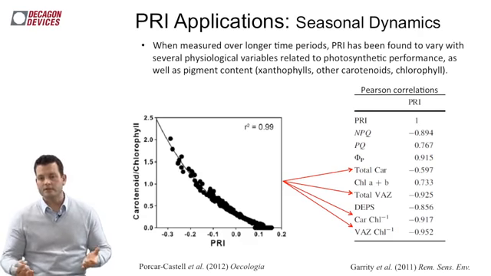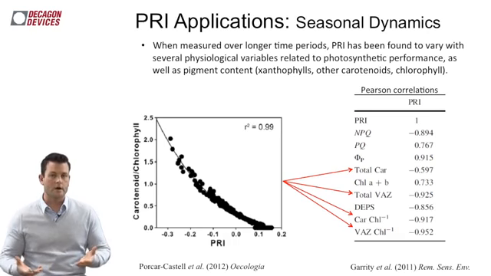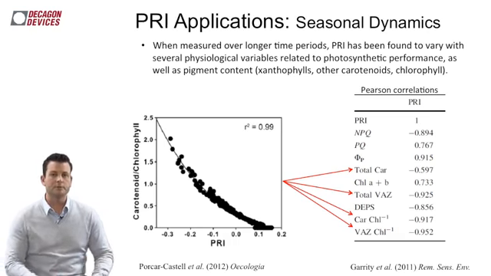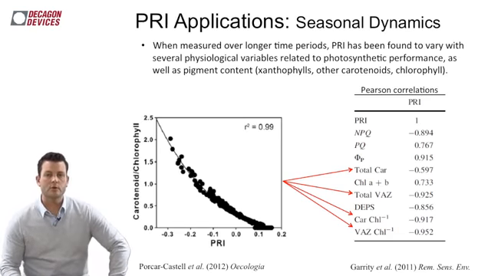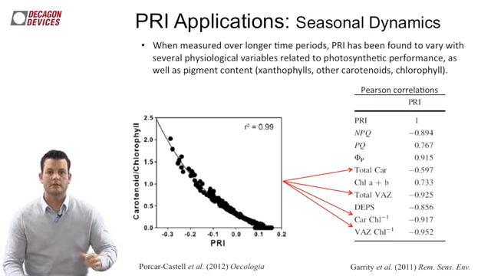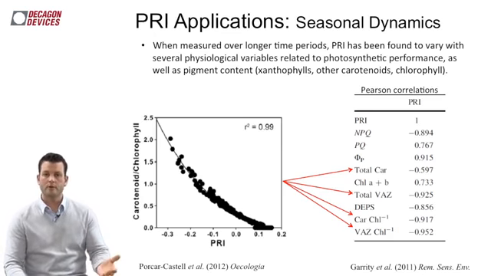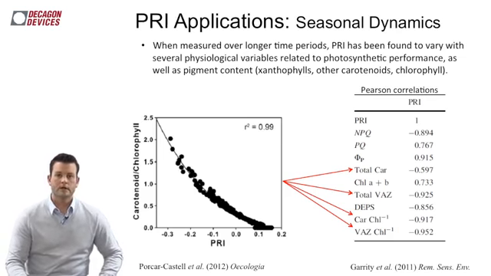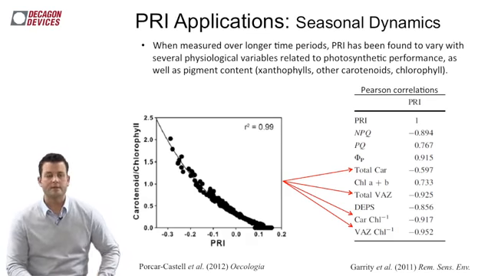And I think some of this is simply because there's a lot of co-correlation that goes on amongst these variables. But as with previous studies, they did find some of the highest correlations with things like the xanthophyll to chlorophyll ratio, the carotenoid to chlorophyll ratio, total pool size of xanthophyll, and total carotenoid pool size, which is consistent with previous studies.